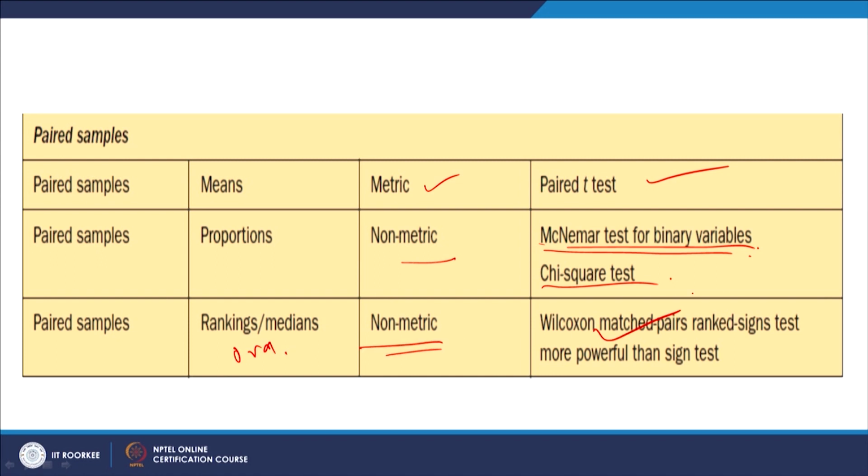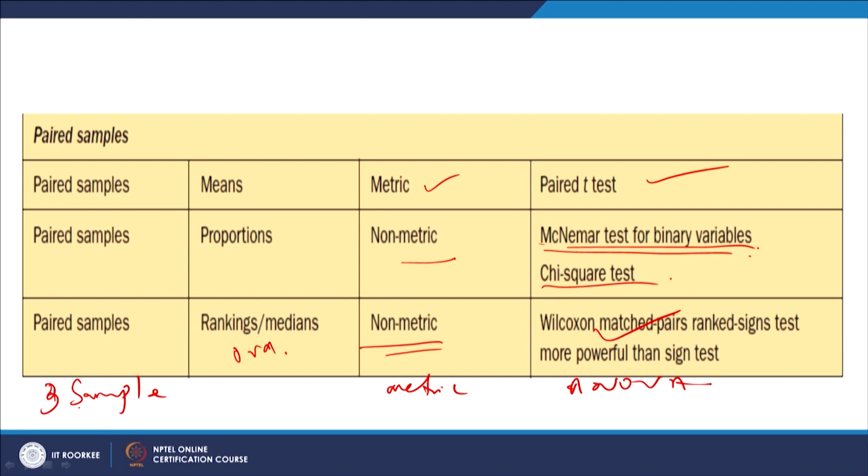Some things I have not presented here. For example, if it is 3 samples and it is metric, then ANOVA.